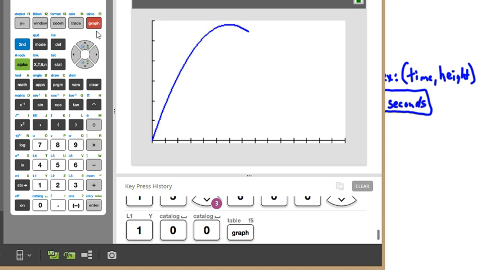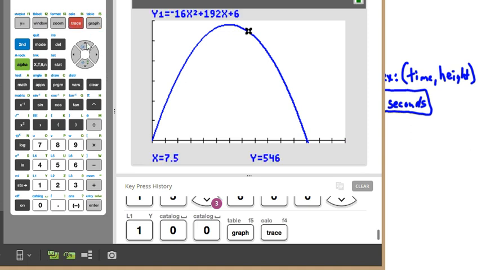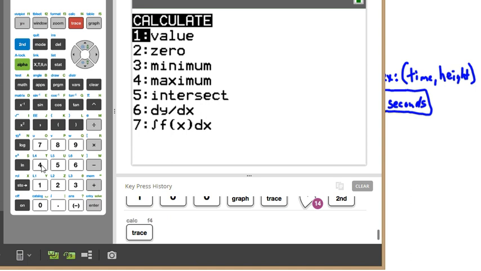Graph. So we get that little thing. Find the maximum we can trace. If we just go to trace, we can get to the very top. And we can see that top is right around 6 seconds, 582 feet, or second trace maximum, which is 4.